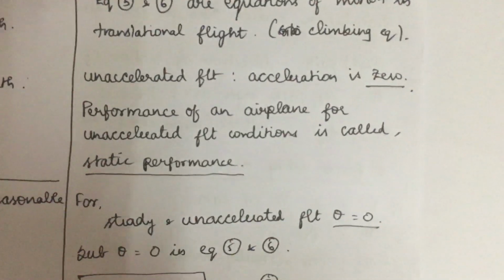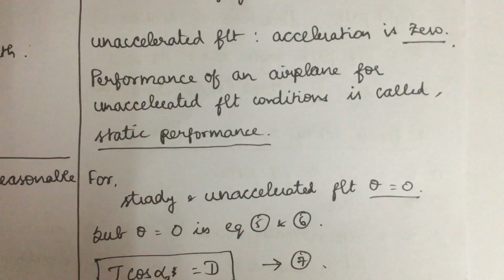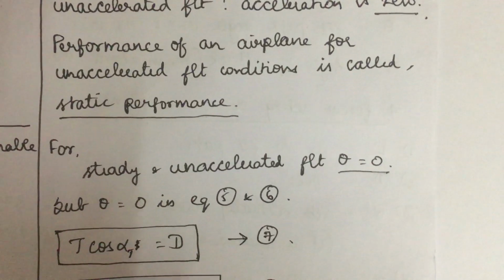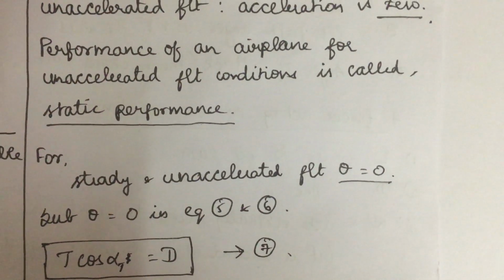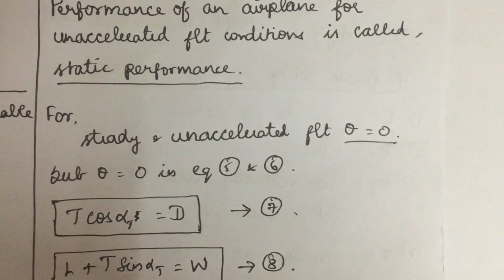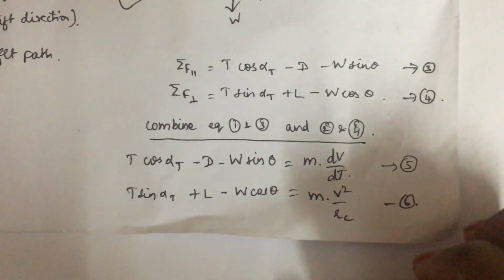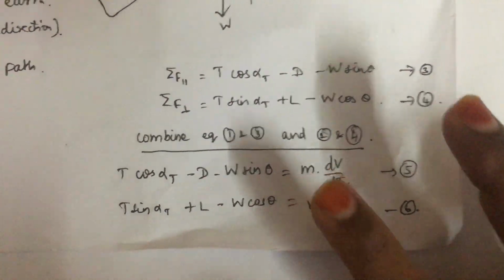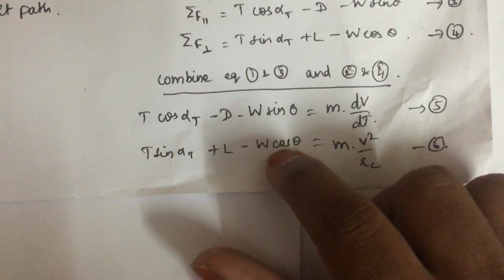Okay, so for steady and unaccelerated flight, my theta is going to be 0 because my flight path is going to be parallel to my horizontal axis, so the inclination becomes 0. If I substitute theta equal to 0 in equations 5 and 6, sin 0 is 0 and cos theta becomes 1.